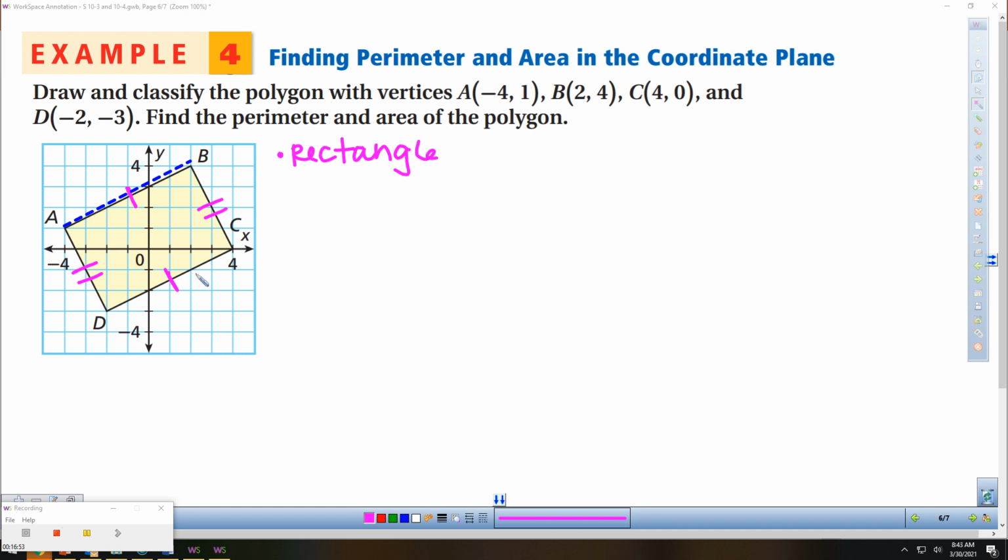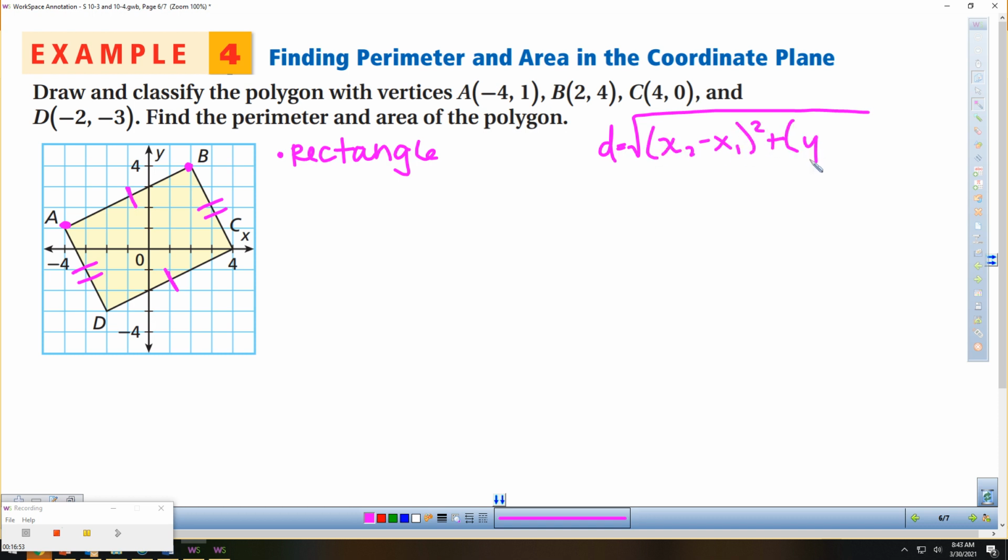What formula would be the worst possible way to find that distance from A to B? The distance formula. Remember, the distance formula is the square root of x2 minus x1 squared plus y2 minus y1 squared. I personally don't want to do that for the sides.